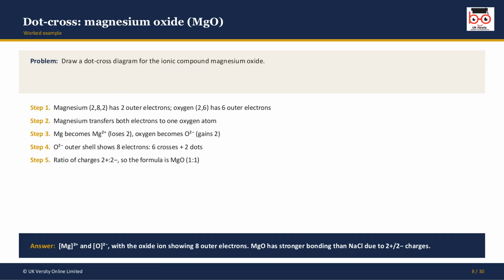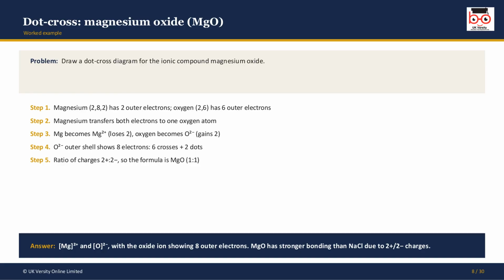Now magnesium oxide. Magnesium is 2, 8, 2, so 2 outer electrons. Oxygen is 2, 6, so 6 outer electrons. This time, magnesium transfers both of its outer electrons to a single oxygen atom. Magnesium becomes magnesium 2+, having lost 2, and oxygen becomes the oxide ion, O2-, having gained 2.